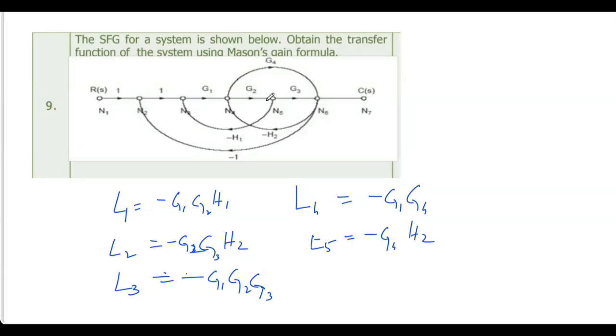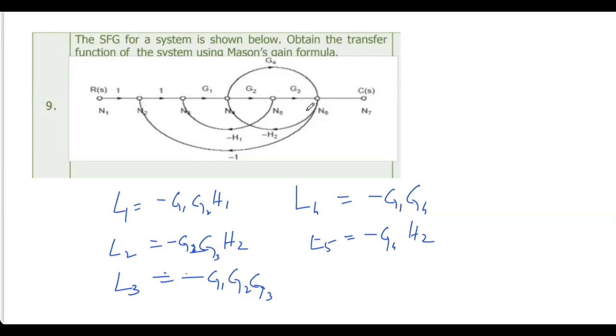Okay, sir. So this loop, if I take G1, G2, H1, is touching all 4 other loops. And this loop is touching this loop, and this loop.